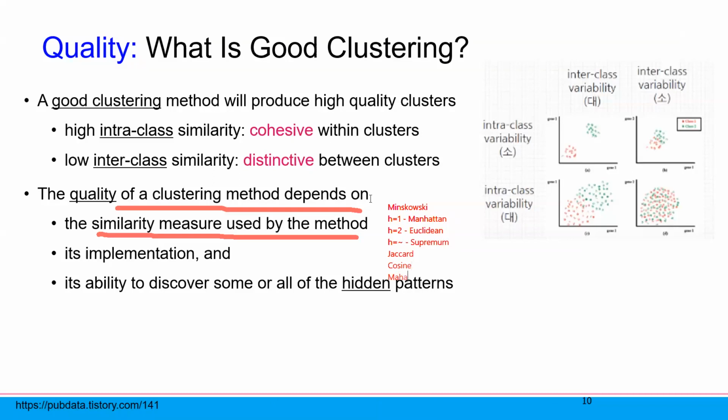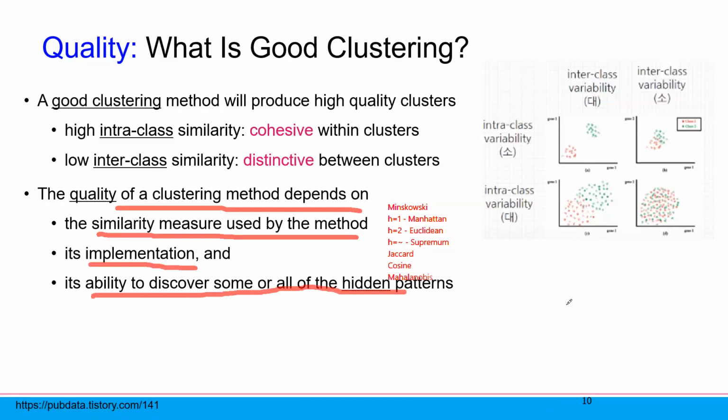We have the Mahalanobis similarity, and so on. Okay, so we will check later. So the different similarity methods will affect the result, and how you can discover some or all of the hidden patterns.